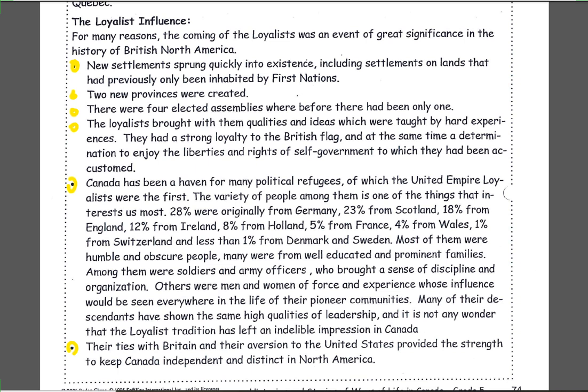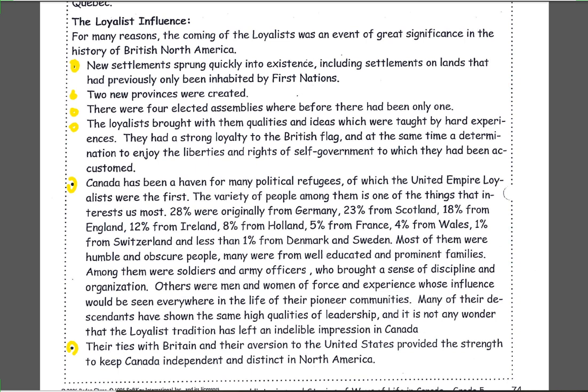So, this is very important, this one. Their ties with Britain allowed Canada to remain independent of the United States. So Canada had the risk, or had that chance, to be a part of the United States during this time.